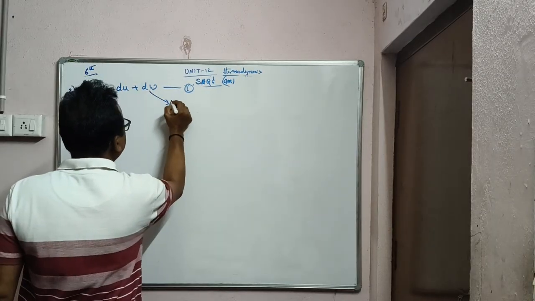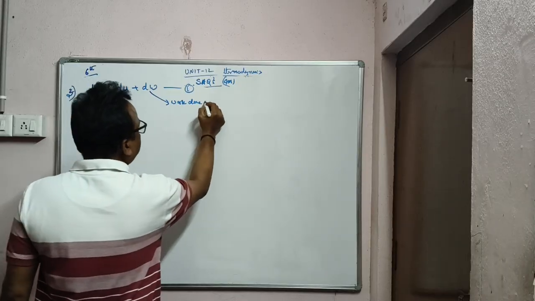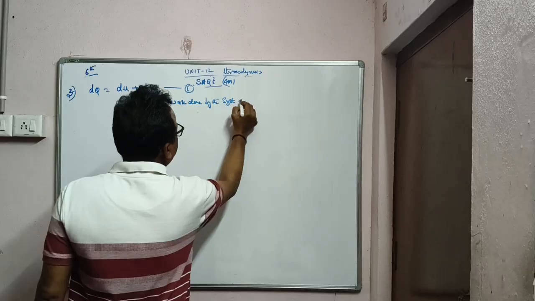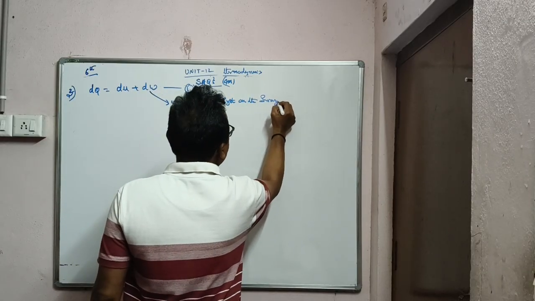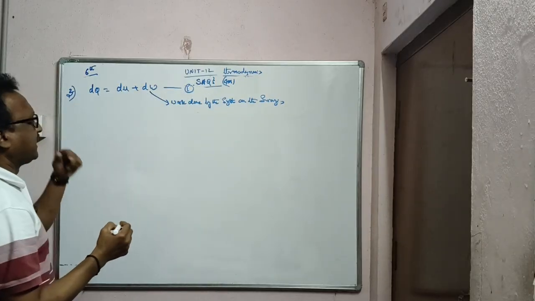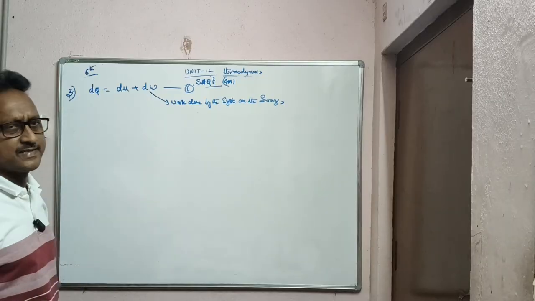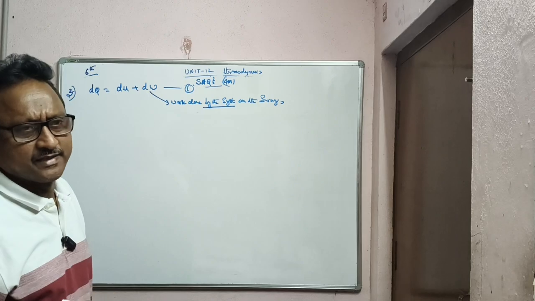W is the amount of work done by the system on the surroundings. This is actually a statement of internal energy and the amount of heat given. This is dW, the amount of work done by the system on the surroundings.